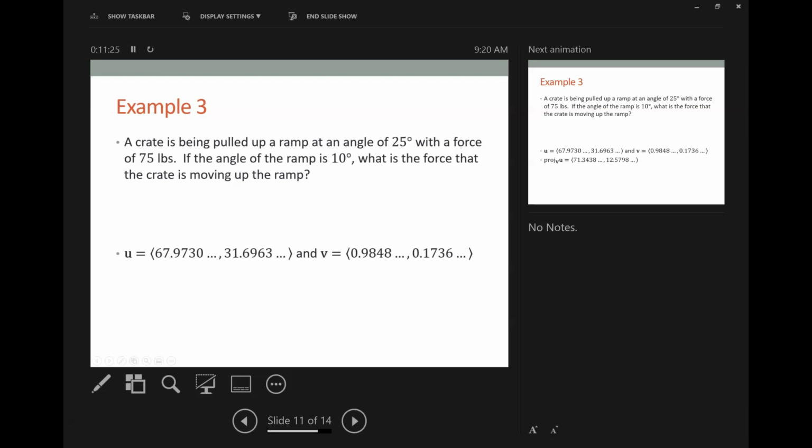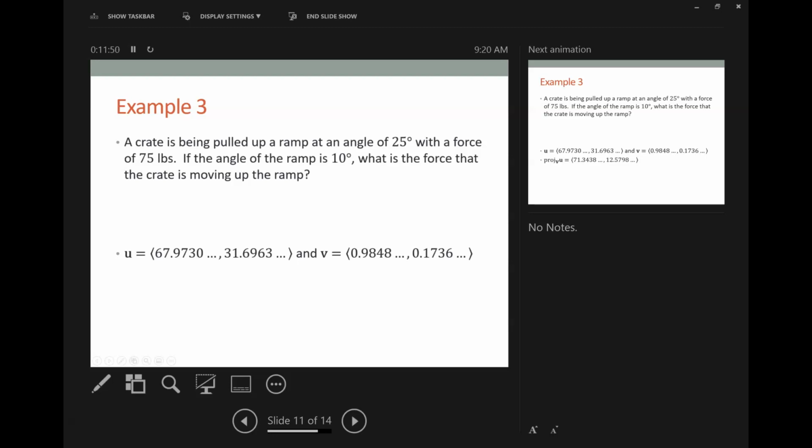So there are two forces going on here. There's the pull and there's the ramp. This is the pull vector. This is the ramp vector. We did it the same way. Yes or no? Yes. Do we know anything about the weight of the crate?